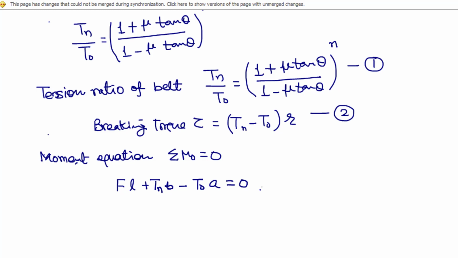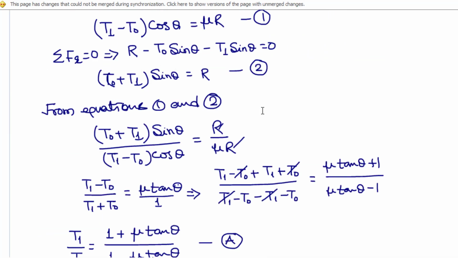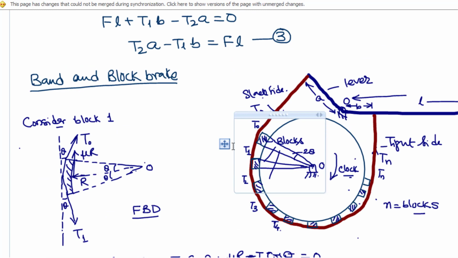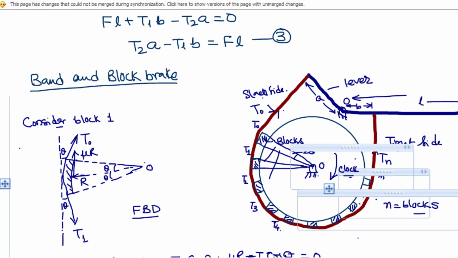This is the third equation. So this is the band and block brake. Okay.